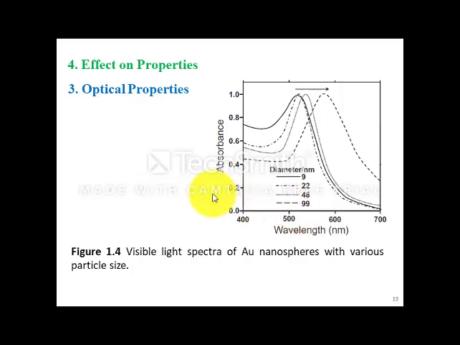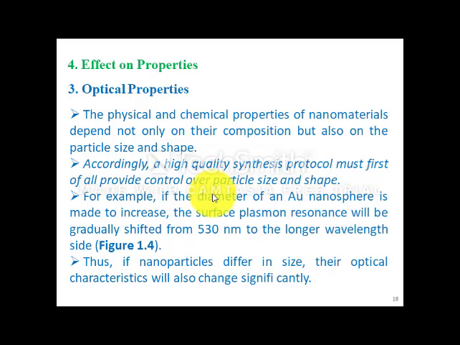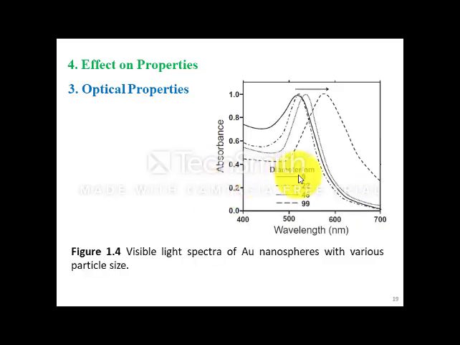This is for a gold nanosphere of diameter 9 nanometer. You can see from 9, the diameter increases to 22, then 48, and then 99. This lambda max is shifted from 530 towards longer wavelength, towards this side.